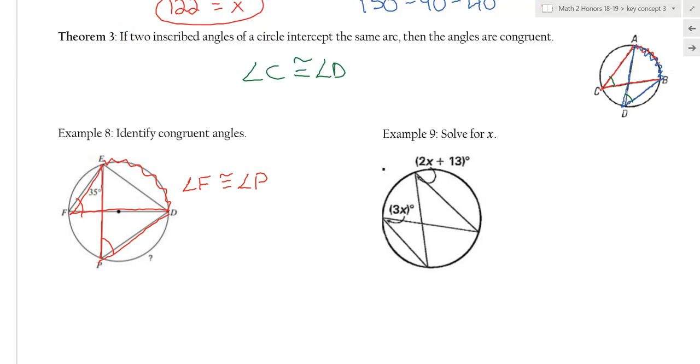I have FEP and FDP, right, both cover this angle, so I can also say angle FED is congruent to angle FDP.